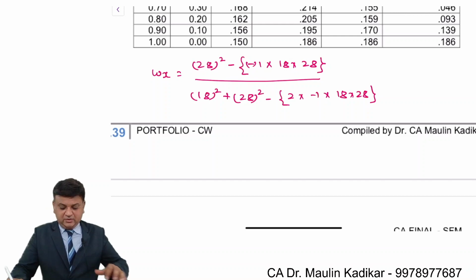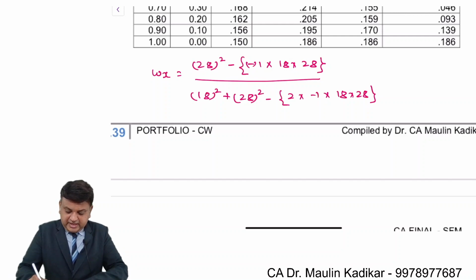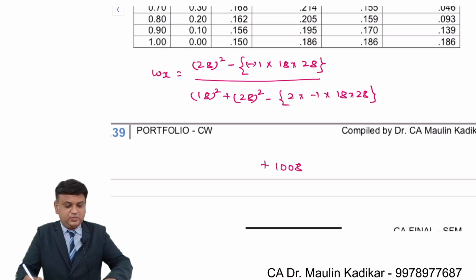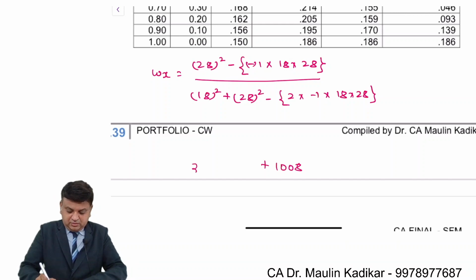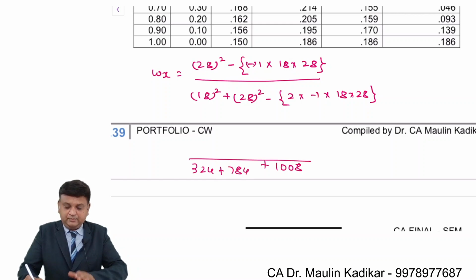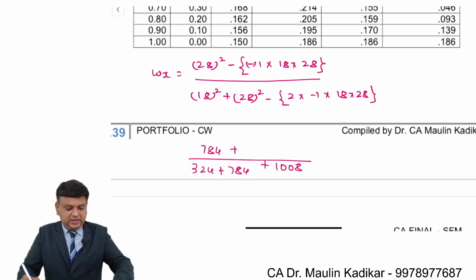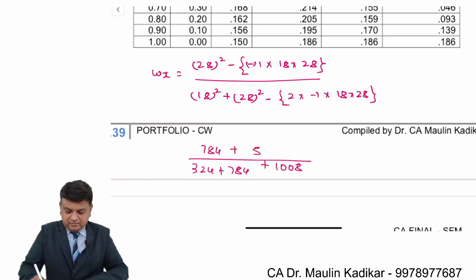So you can use your calculator. 18 into 28 into 2 comes to 1008, and this will become positive. Square of 18 is 324. Square of 28 is 784. The value of the numerator is the square of 28, 784, plus 18 into 28, which comes to 504.